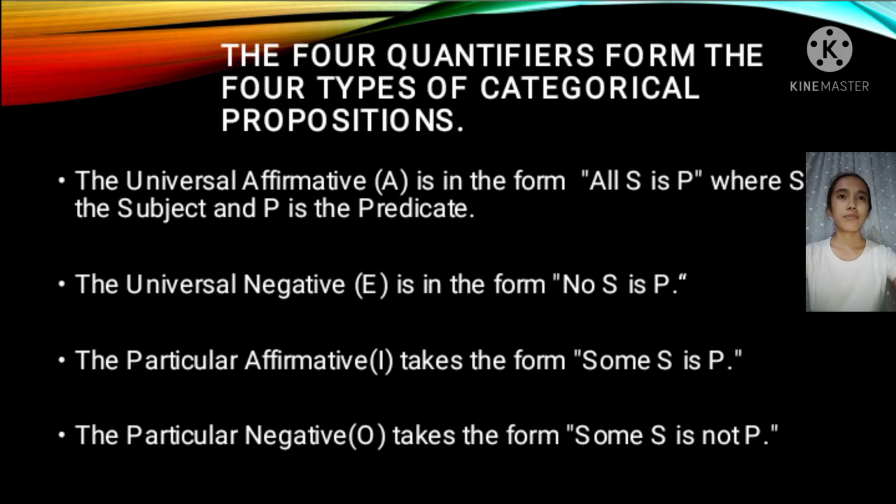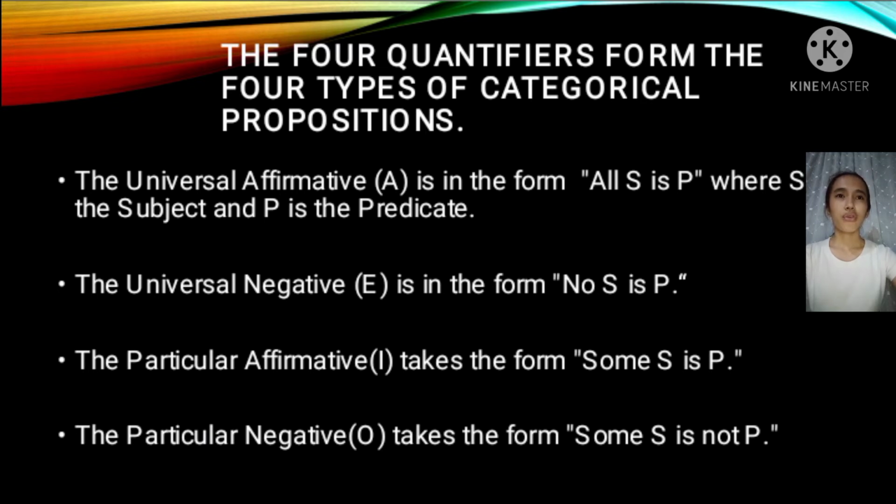Next is the quantifier form, the types of categorical proposition. The universal affirmative, or A, is the form all S is P, where S is the subject and P is the predicate.